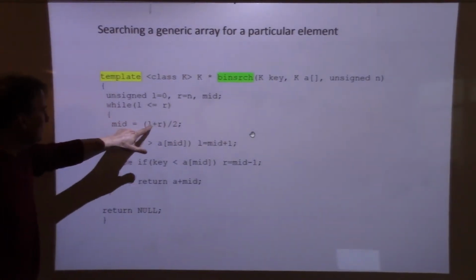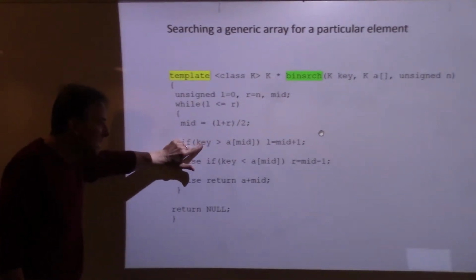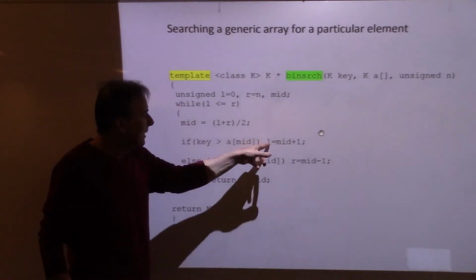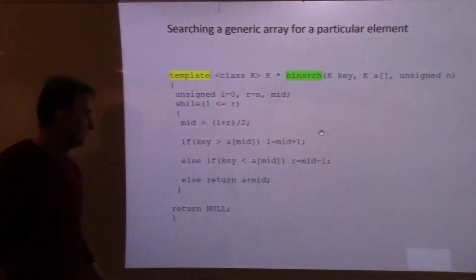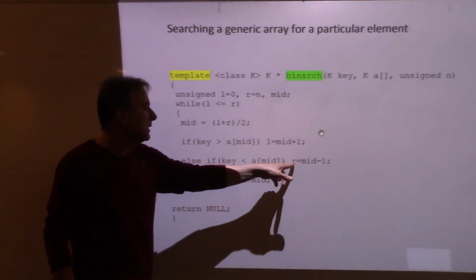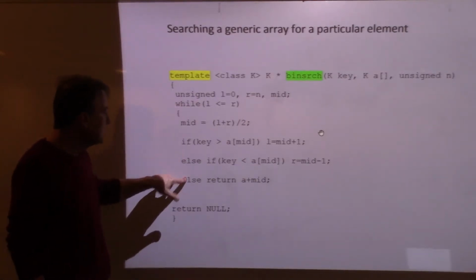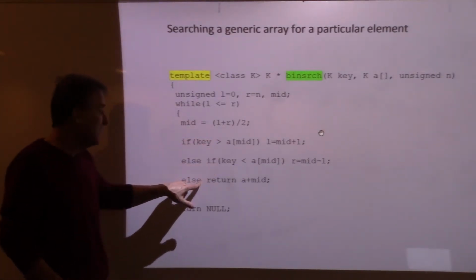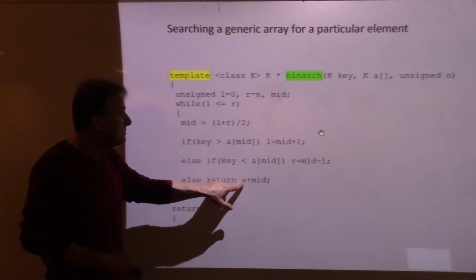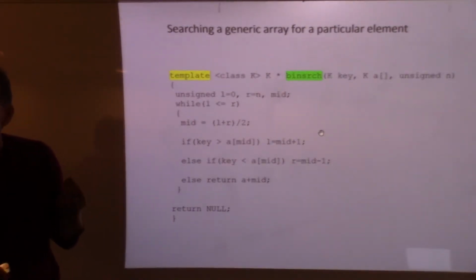Mid is equal to left plus right over 2. Find the middle. If the key is bigger than the middle, then we want to make left right of the middle. Else, if the key is less than the middle, we want to make the right left of the middle. Else means it's not greater than, it's not less than, it's a match, so return A plus mid. A is the address of the array, plus mid is the address of the matching element.